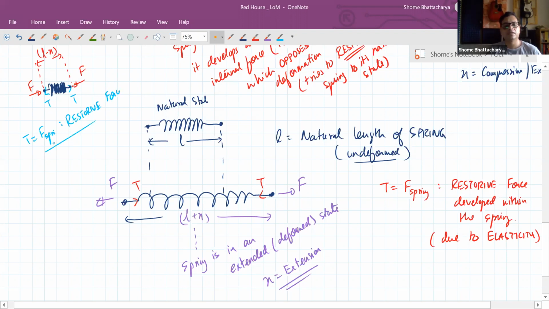In this diagram the spring is in a compressed state, so x is the compression of the spring.